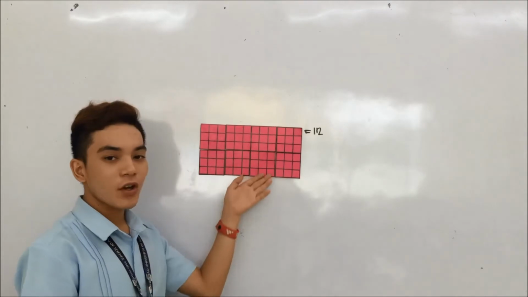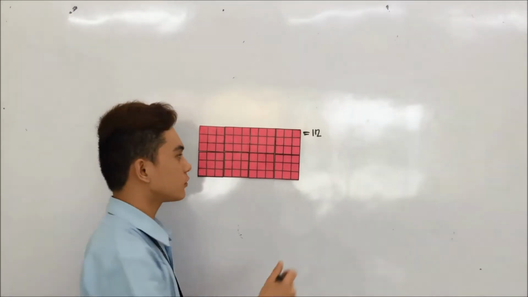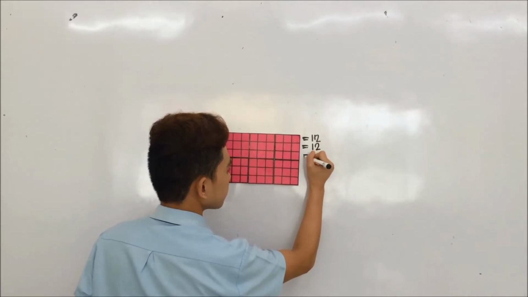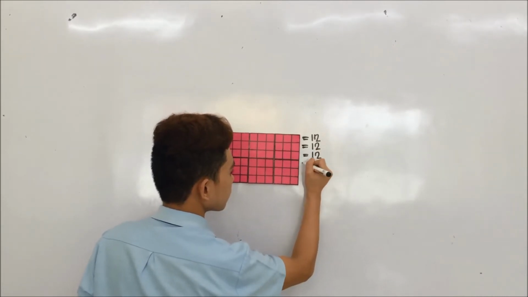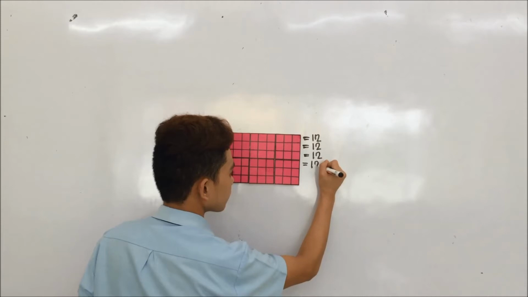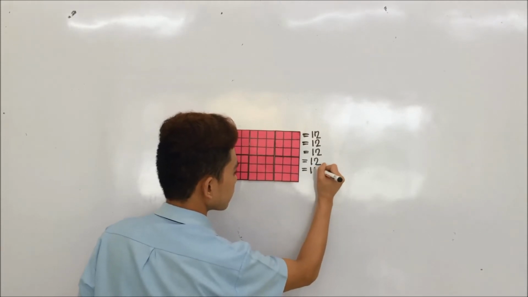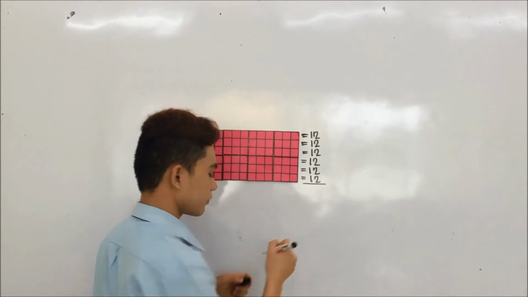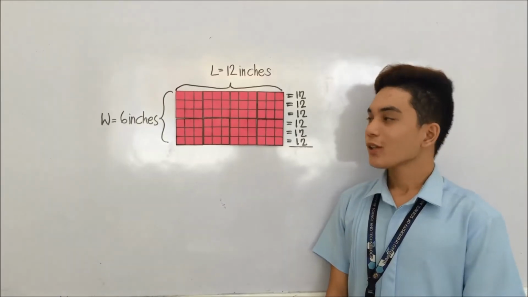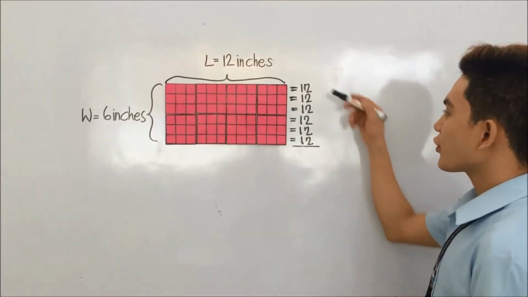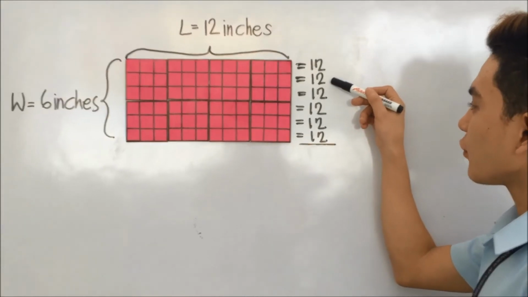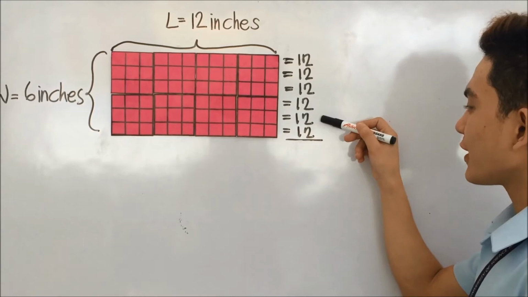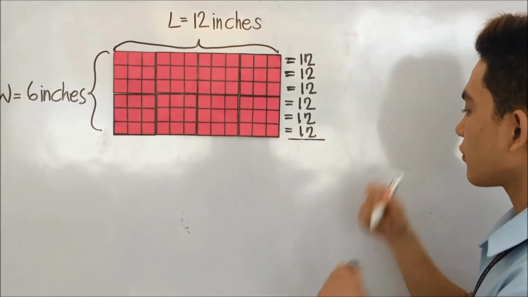The next row would be equal to 12 also. To sum it up, 2 plus 2 is equal to 4 plus 2, 6 plus 2, 8 plus 2, 10 plus 2, 12.